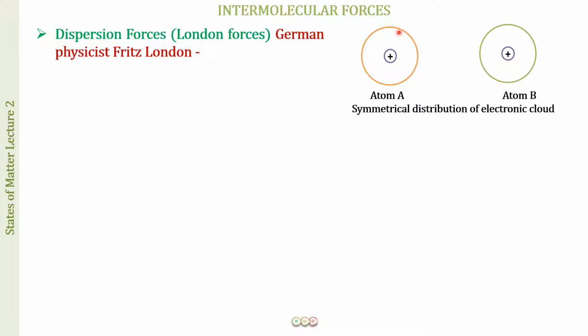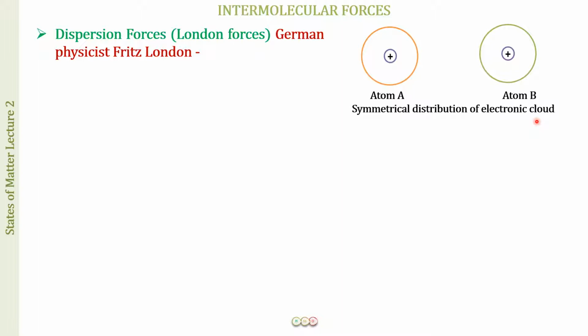So there is not going to be a symmetrical distribution of electron cloud in the polar molecules. But when we talk about non-polar molecules, there is going to be a symmetrical distribution of the electron cloud. And between two non-polar molecules also we will be seeing these dispersion forces coming into play. So the dispersion forces we will be seeing in those atoms and molecules where there is a symmetrical distribution of the electron cloud. There is no charge separation, no dipoles present. Right? First thing, this is clear to you people.